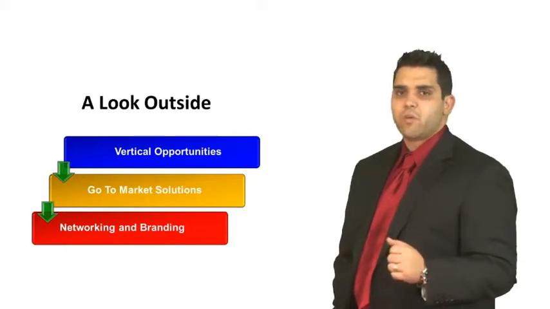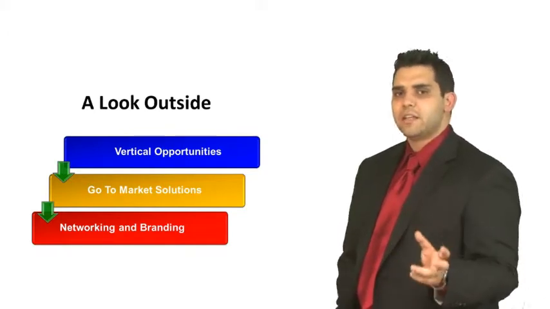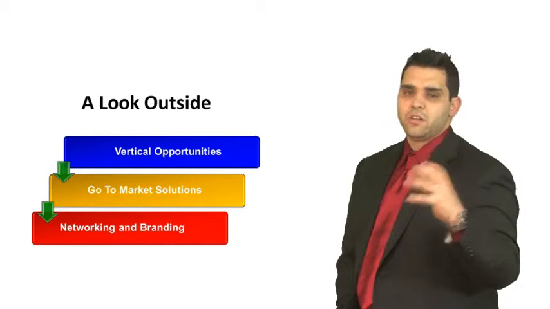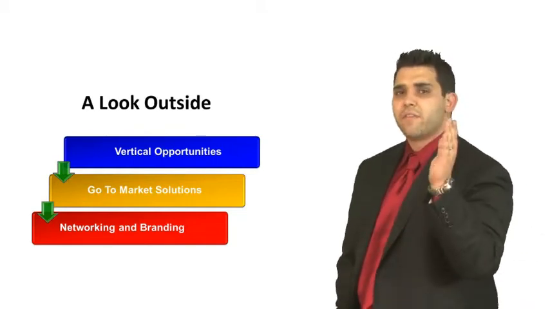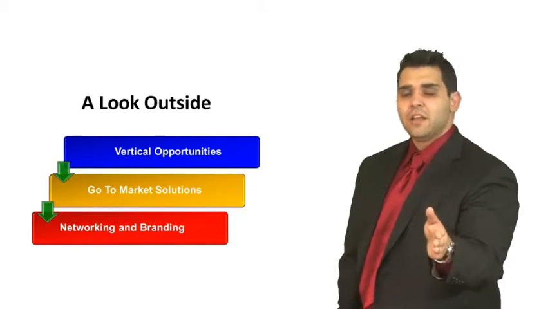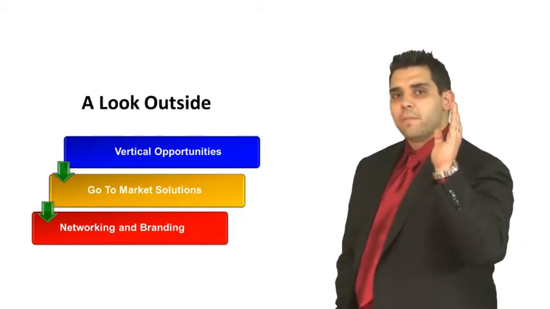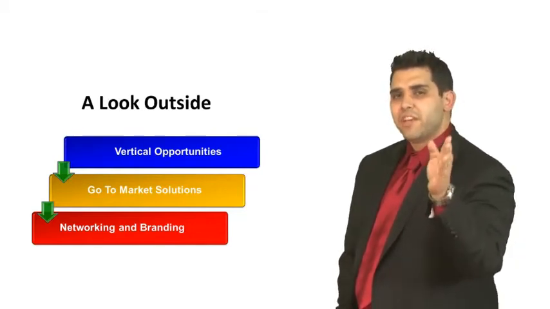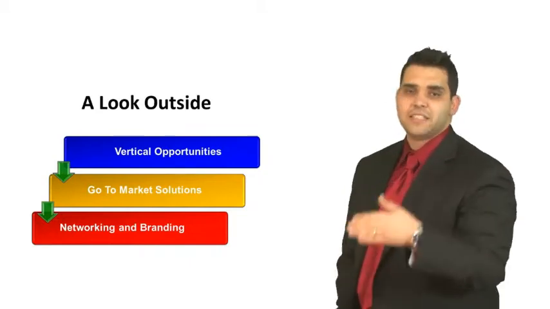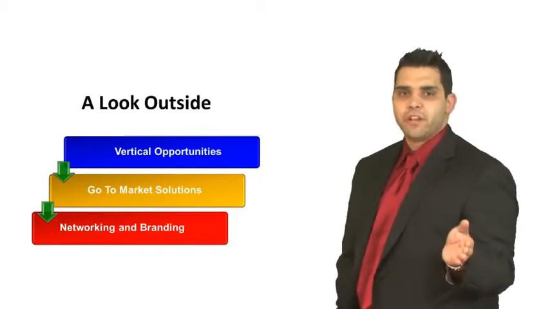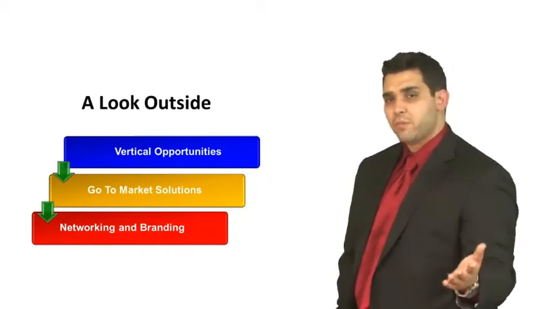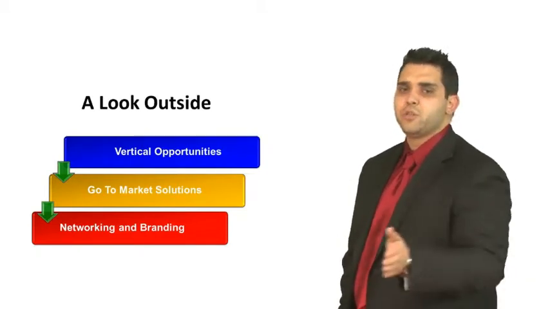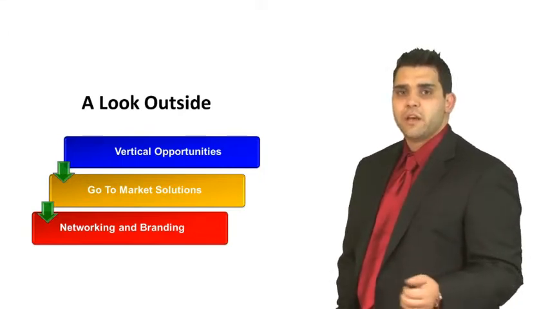And then we got to go to your networking and branding, because the networking side of things is we got to start looking for influential people in our network. Remember, when you network, you're not going after a specific entity. You're trying to go after that specific person's sphere of influence. It's said that every influential person knows about 250 people. So you want to develop a relationship with him from a networking perspective that can get you to those 250 people that they know.